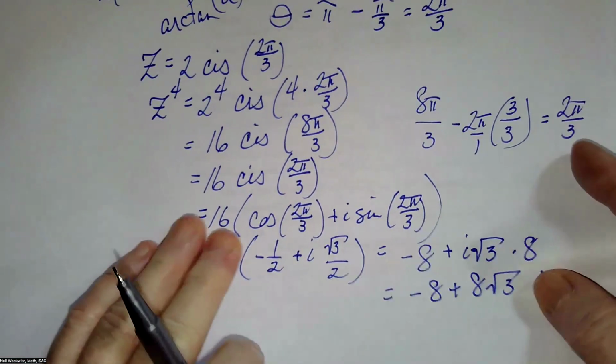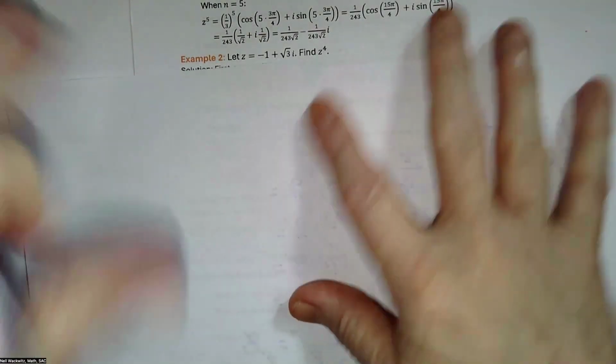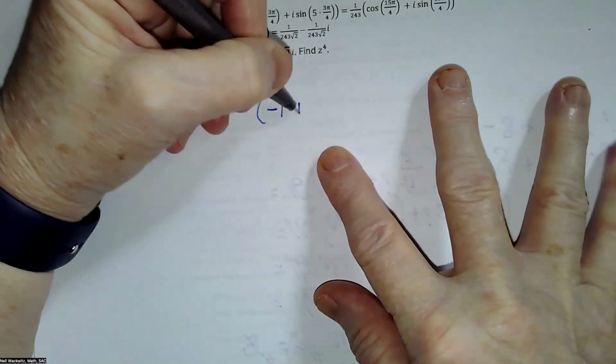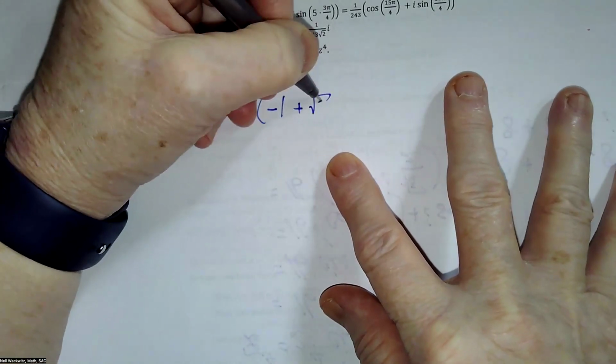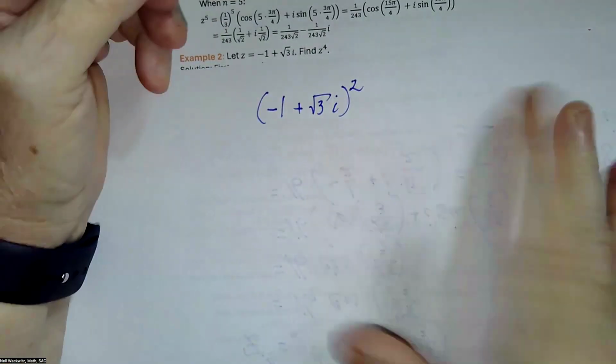That wasn't too horrible. Let's see what it looks like to take negative 1 plus square root of 3i, and let's just square it.